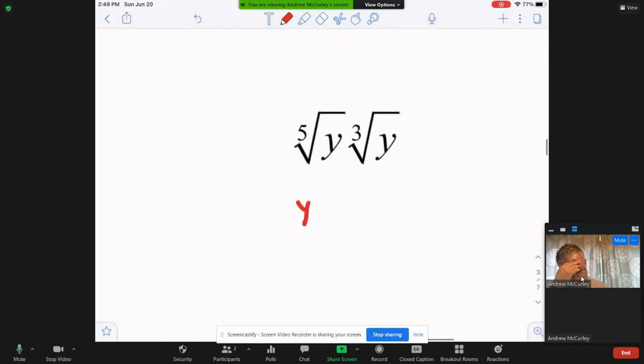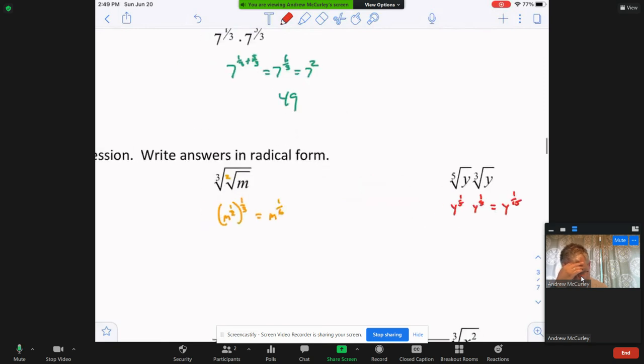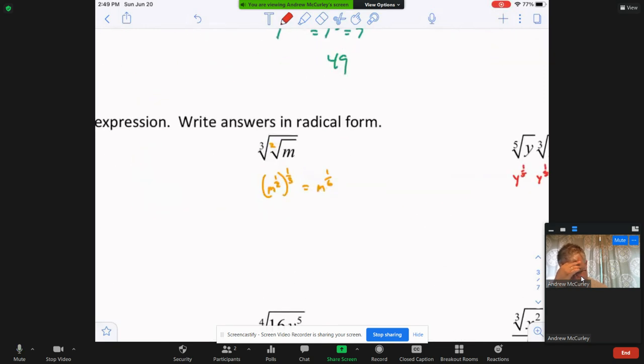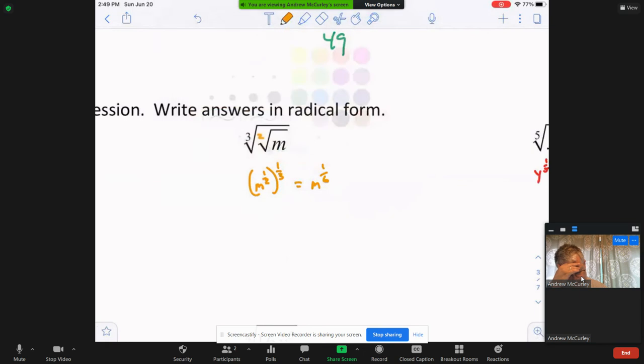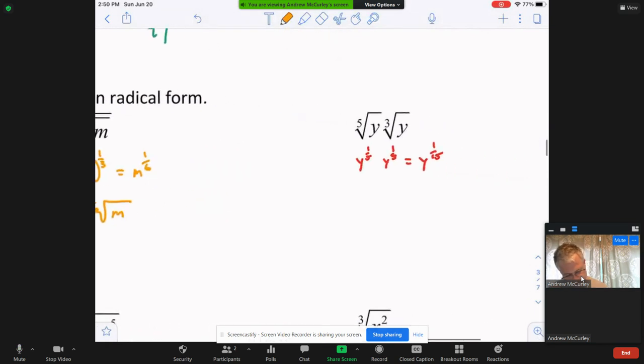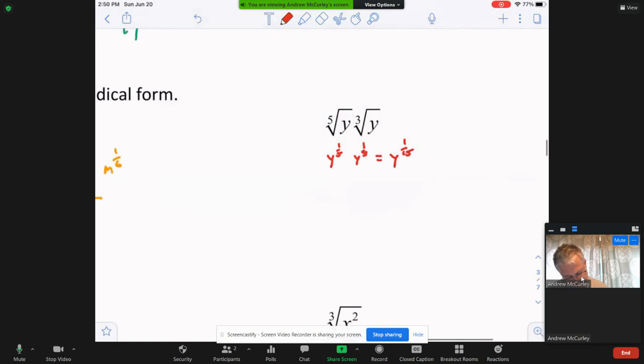I got Y to the 1/5, Y to the 1/3 equals Y to the 1/15. I'm sorry, it's saying that in radical form. I didn't do that in the first one. So this should be the 6th root of M. This should be the 15th root of Y.